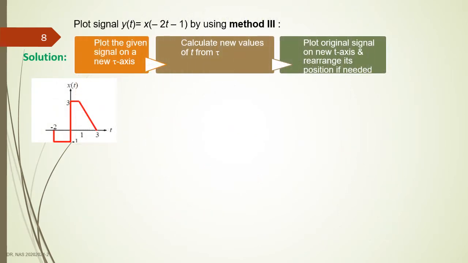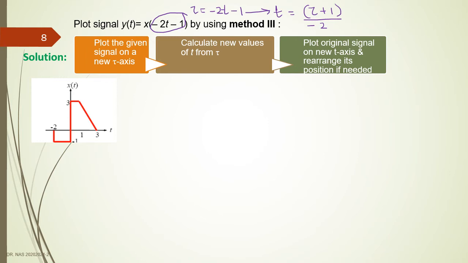When you have the given equation, you can determine what tau is from whatever equation is inside the bracket. In this case, tau equals negative 2t minus 1. So from here, you need to determine what t is. In this case, t equals tau plus 1 divided by minus 2. Okay, let's follow the given steps.